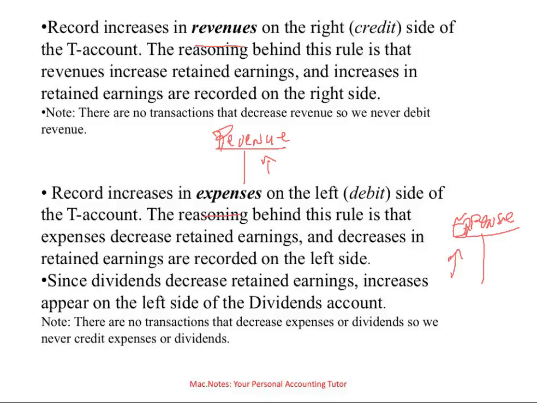You never have a decrease in expense, and the same with dividends. So most of those accounts that have to do with expenses and revenue are always the same. Credit revenue, debit cash. Expenses, debit expense, credit cash.